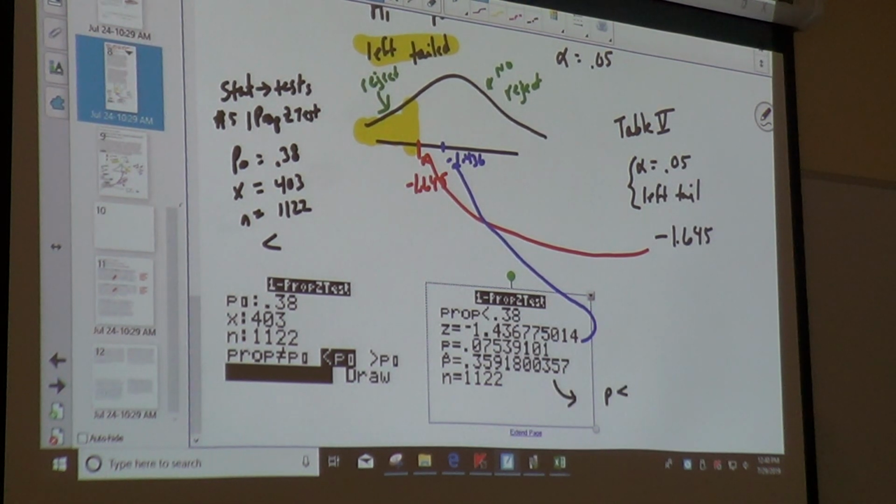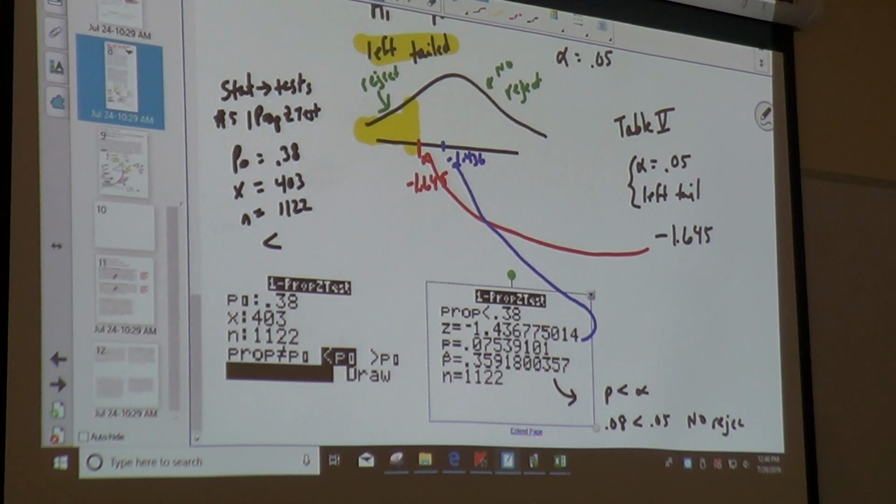Is p less than alpha? So p is 0.08. Is that less than 0.05? No. So either way, it's a no reject. No reject there, no reject there. Cool?